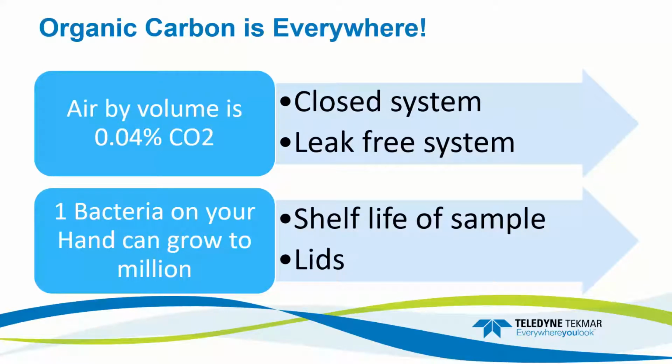Air by volume is 0.04% CO2. One thing we have here is a closed system, which doesn't allow any outside air to get in other than the sample gas we are using. Also, one bacterium on your hand can grow into a million. Bacteria is carbon; bacteria is a living organism.